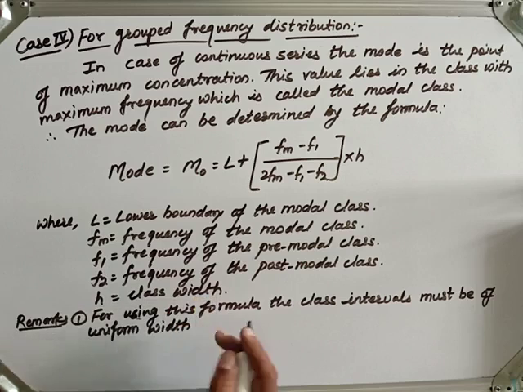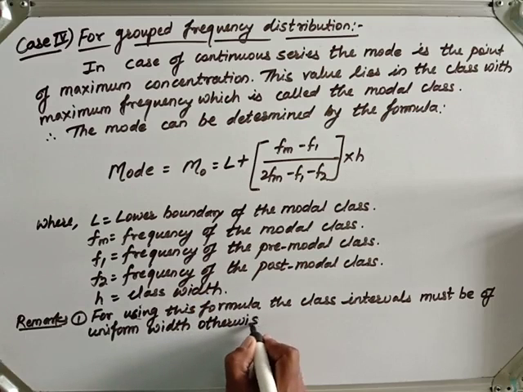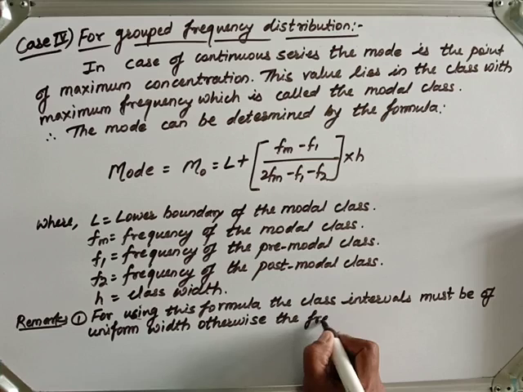It means h should be the same everywhere. Otherwise the frequencies will not be comparable.